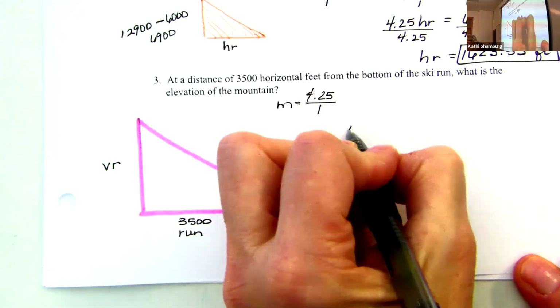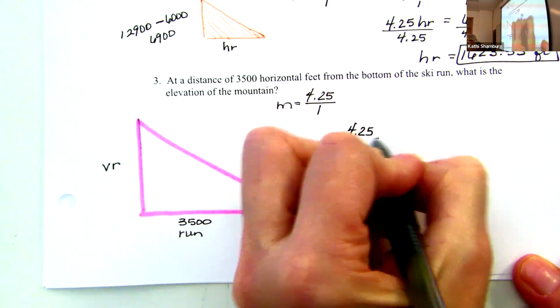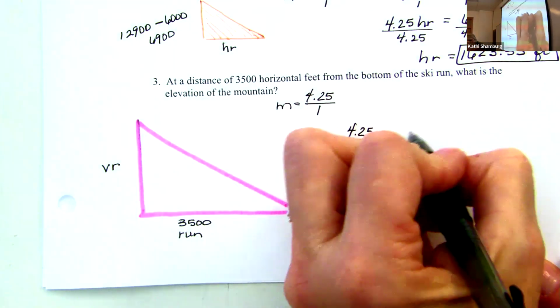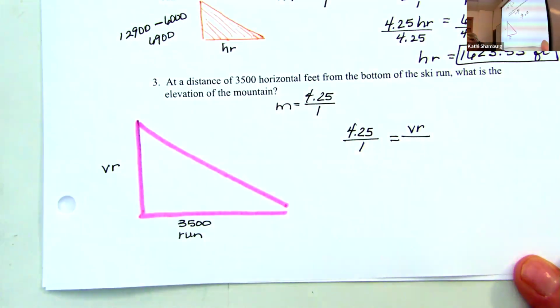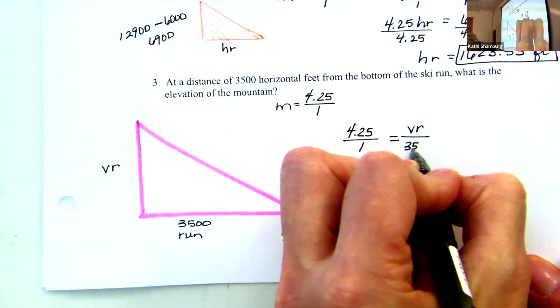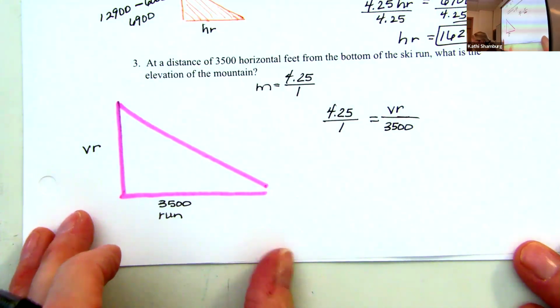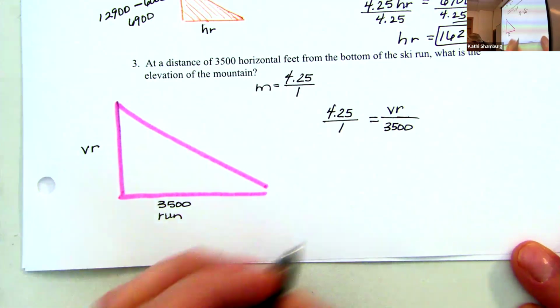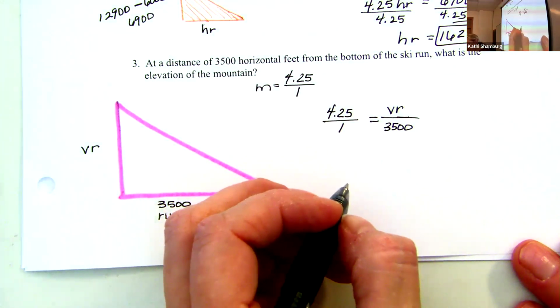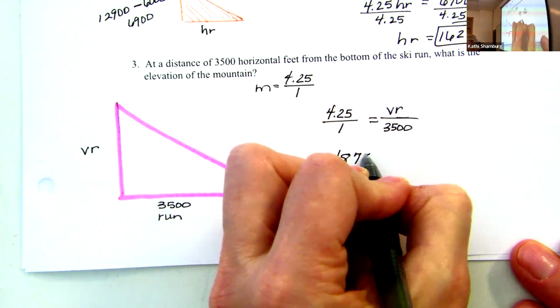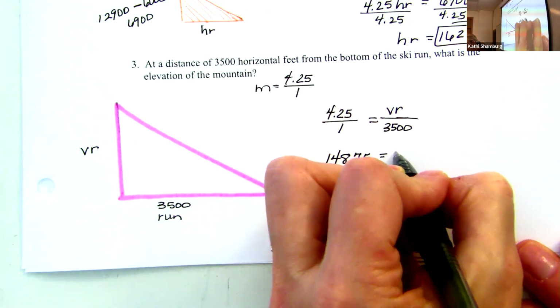So I would do my slope 4.25 over 1 equals vertical rise, which is what we're looking for, over horizontal run, which is given as 3,500. Cross multiply, what's 4.25 times 3,500? 875? Yeah. So that's your vertical rise.